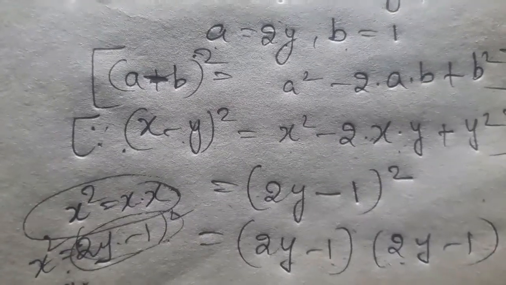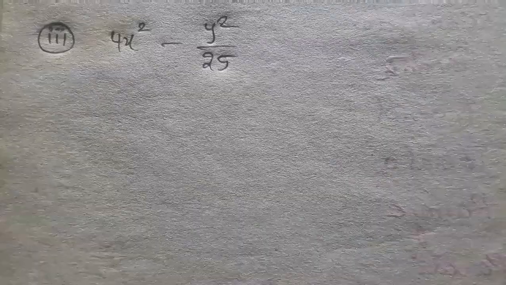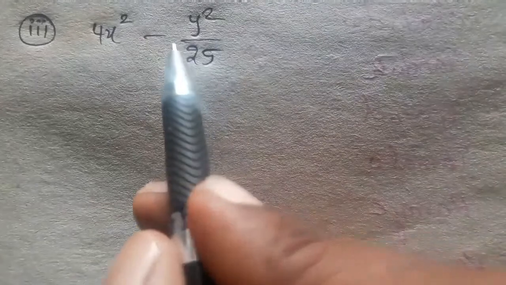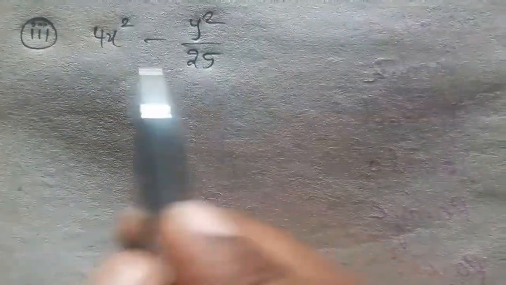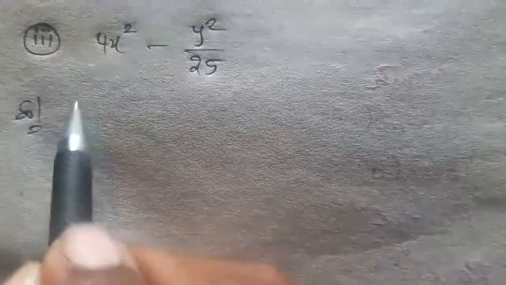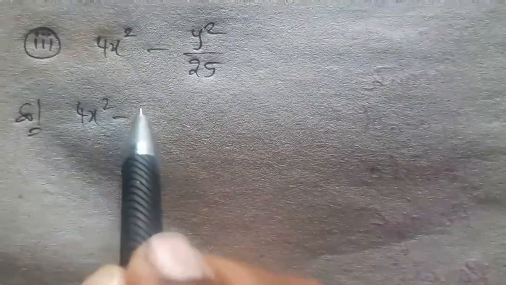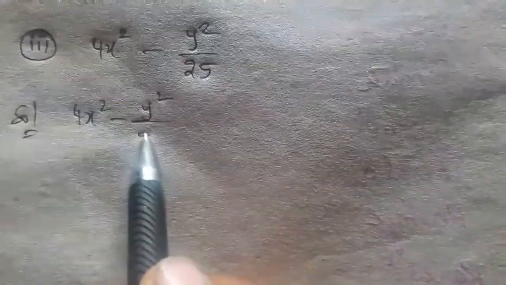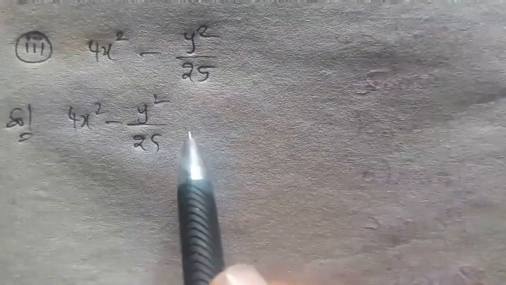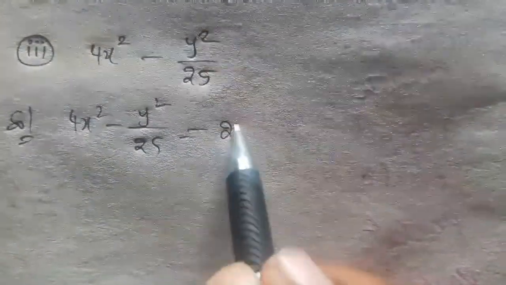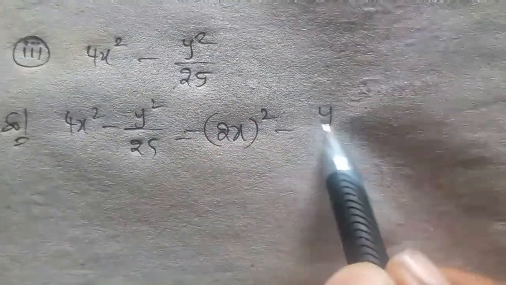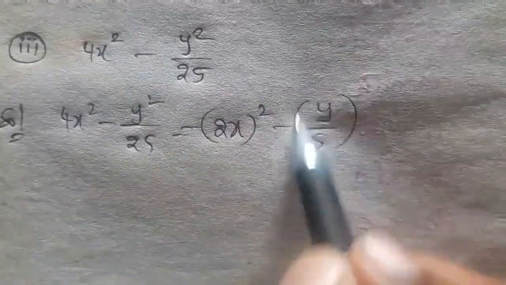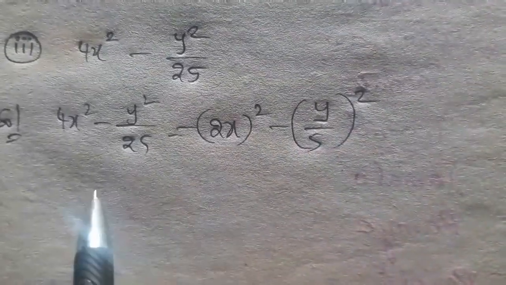Now move to next question. See here in this, 4x square minus y square by 25 is given. Solution. What is given? 4x square minus y square by 25, isn't it? This can be written as 2x whole square minus y by 5 whole square. Are you understood here?